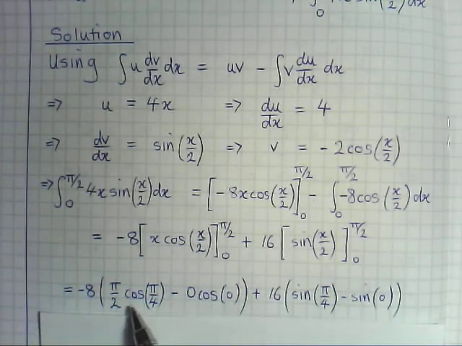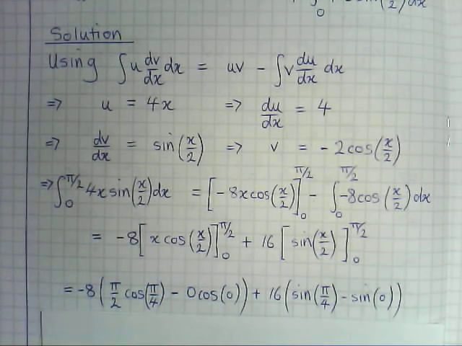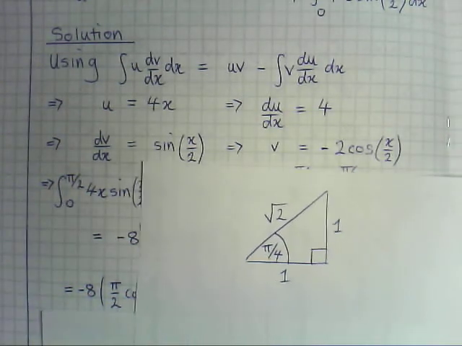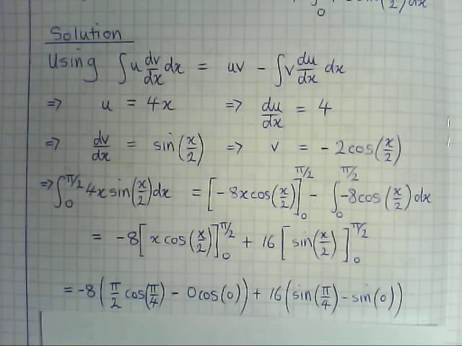In terms of thinking about cos pi over 4 or sine pi over 4, well, what we need to do is think about a familiar triangle that we've seen in trigonometry. And it looks like this. So we're going to think about what this would look like when we're thinking about the sine or the cos of pi over 4. And this is going to give us 1 over root 2.